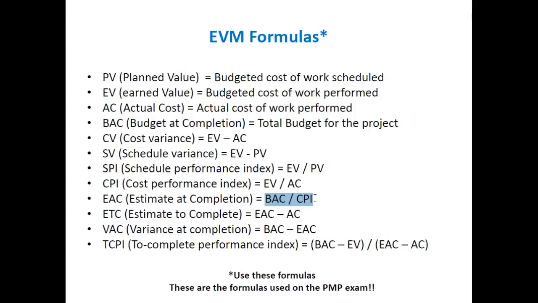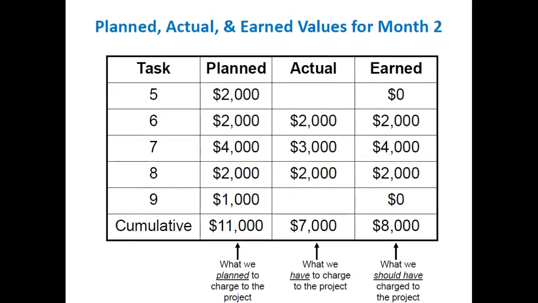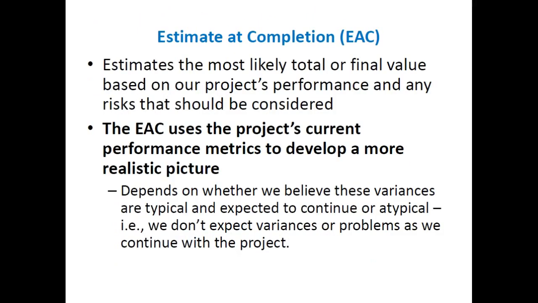So it's taking your current performance on the project and applying that performance over the remainder of the project. Okay? So you would use estimate at completion if you believe that the project's current performance metric is going to continue, right?